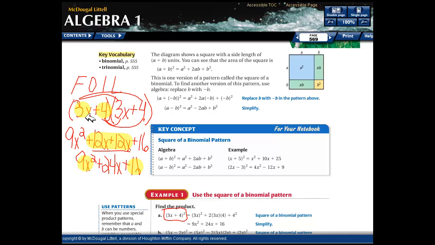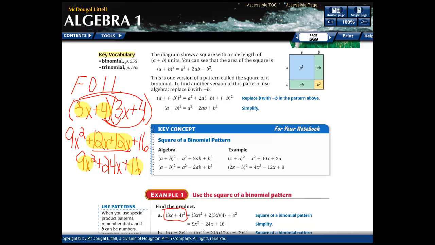So you can just take those two times each other and double it, since you knew you were going to have two anyway. So that's basically what this pattern shows you. Square the first, square the last, multiply them together, and then double it. So 9x squared plus 24x plus 16.